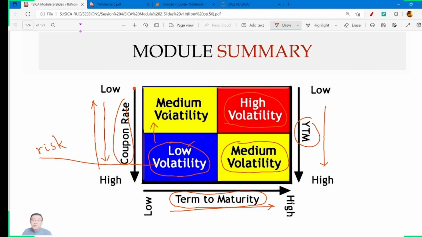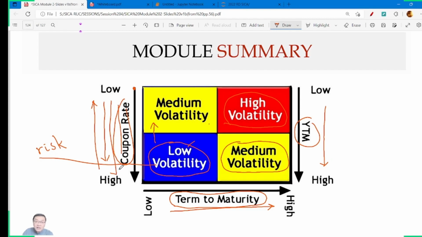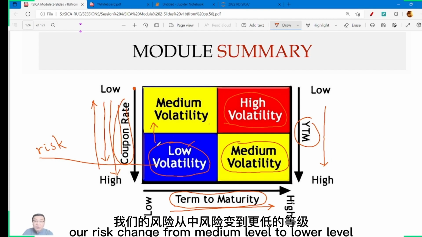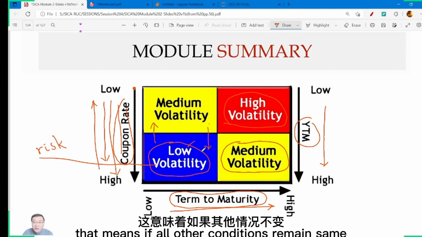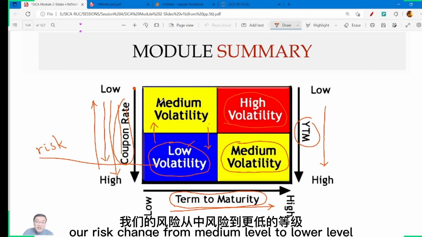Or we can see it another way. If our coupon rate changes from low to high, our risk changes from medium level to lower level.